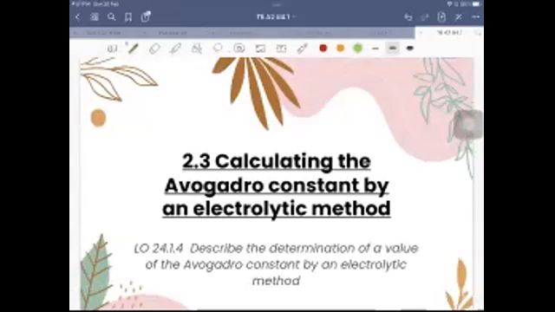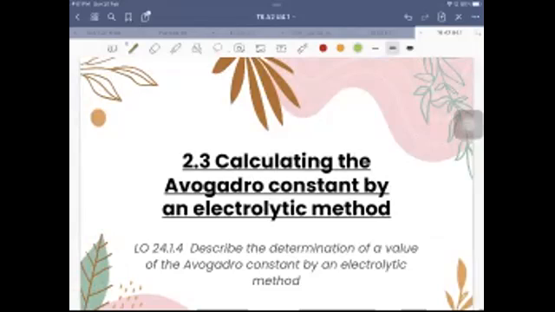So for the learning objective, you are expected to describe the determination of a value of the Avogadro constant by an electrolytic method. So you are expected to be able to describe how you would carry out this experiment. Okay, so that means you can't just skip the steps.